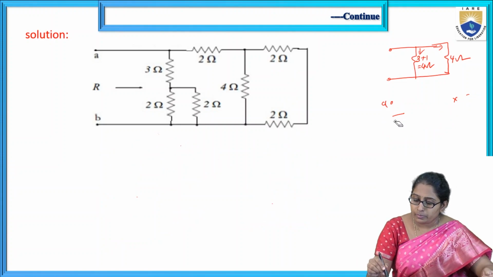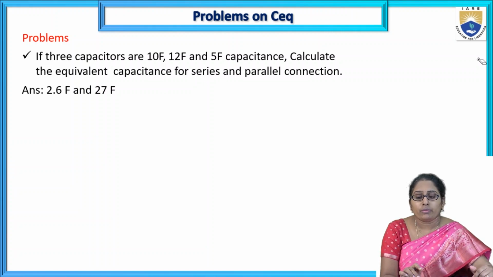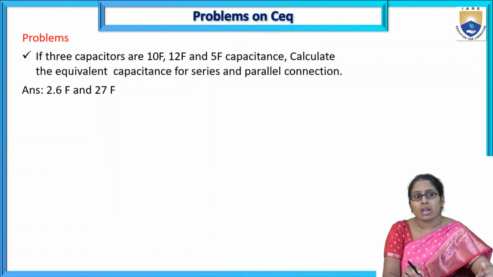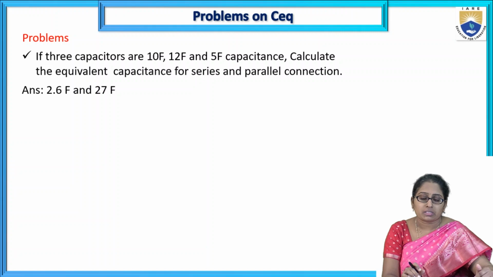Okay, next problem. The next problem is based on equivalent capacitance. When capacitors are in series, how to calculate the equivalent capacitance, and when capacitors are in parallel, how to calculate the equivalent capacitance.